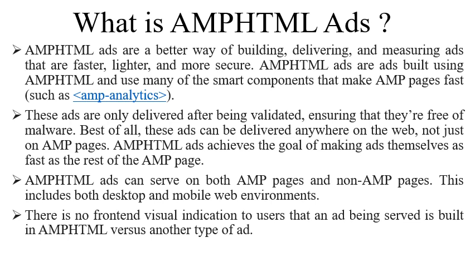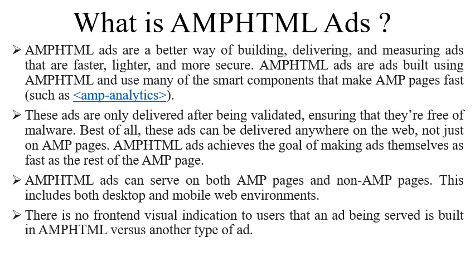AMP HTML ads are a better way of building, delivering and measuring ads that are faster, lighter and more secure. AMP HTML ads are ads built using AMP HTML and using many of the smart components that make AMP pages fast. AMP basically means accelerated mobile pages, which makes your page faster to load and gives the viewer a good UI experience, as well as, as far as ads are concerned, a good ad load experience.